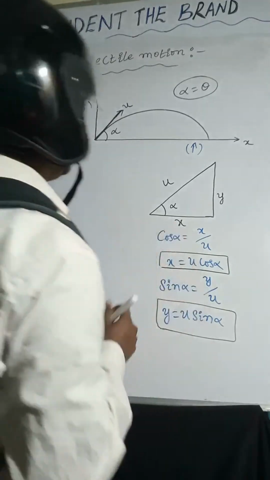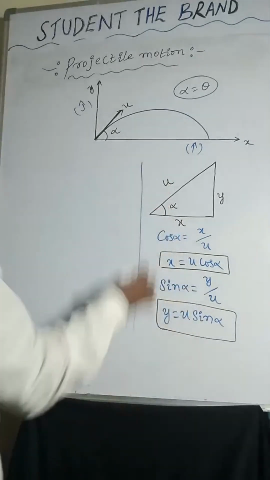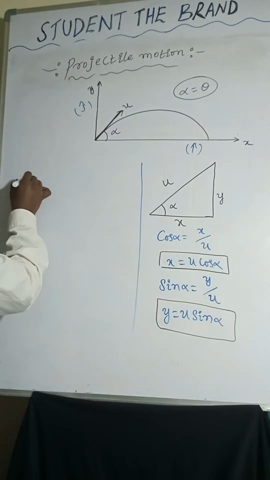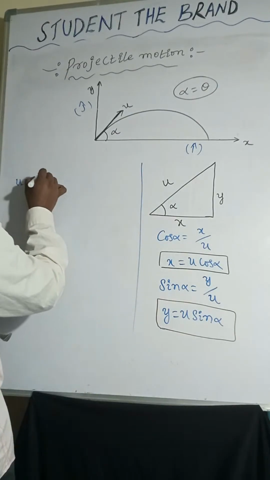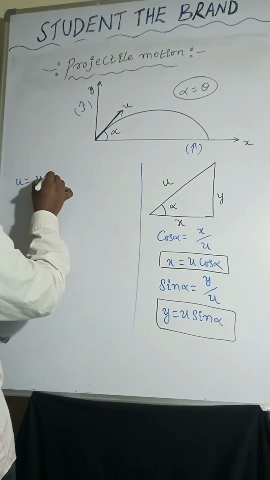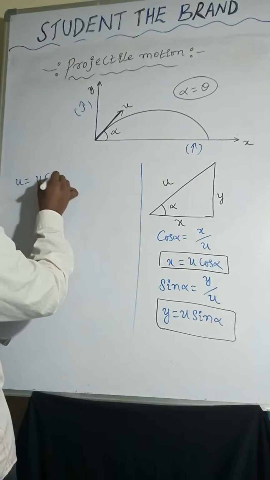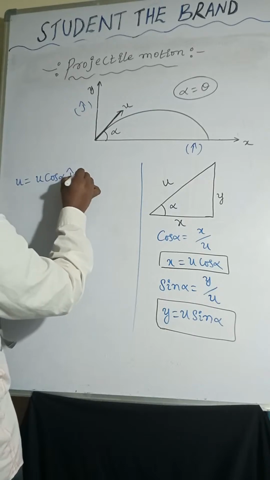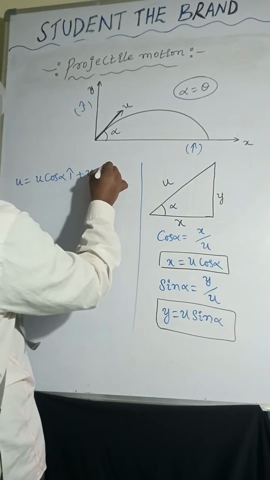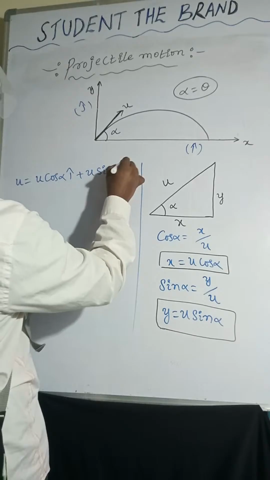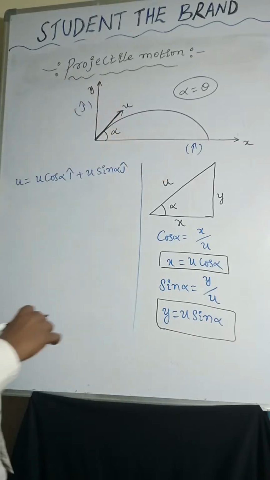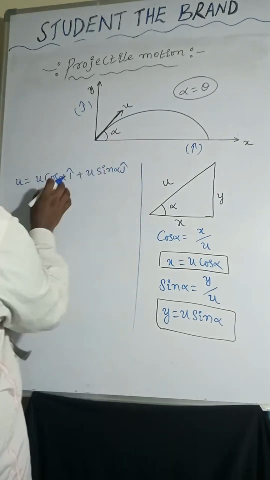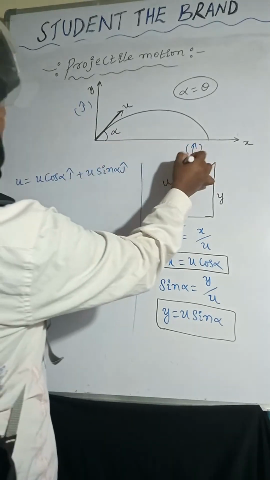Now how can we write vector u? So u equal to u cos alpha i cap plus u sin alpha j cap. Yes or no? Along the x-axis and along the y-axis we are considering. Along the x-axis u cos alpha i cap, because the unit vector is also there, right?